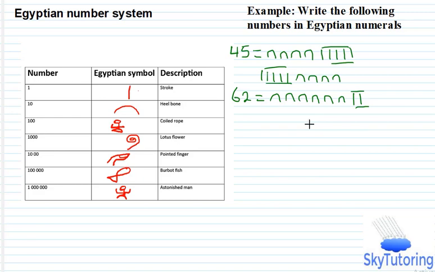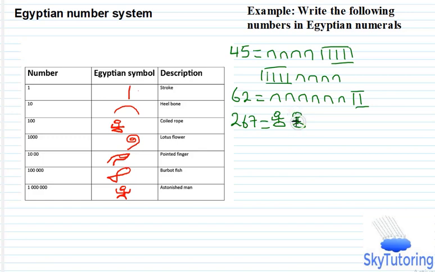Let's see another example. Let's say 267. So 100 in the Egyptian symbol is represented by this. I have another 100 to make it 200.